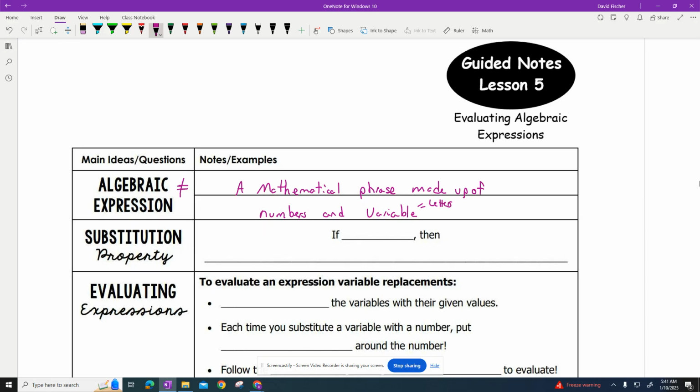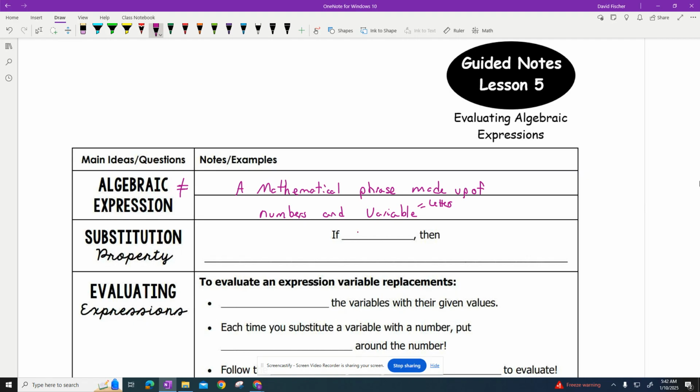Sometimes they'll tell us what the variable letter is that they want us to substitute in, and sometimes we'll solve for a variable in algebra. But right now, because we're doing algebraic expressions, we probably won't end up with a letter at the end. They're going to tell us what each letter is, and so we're going to substitute that letter in.